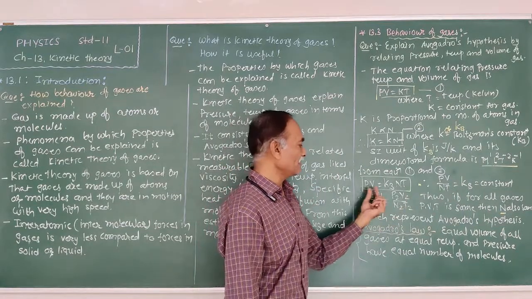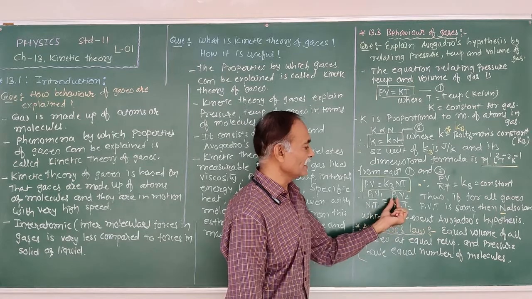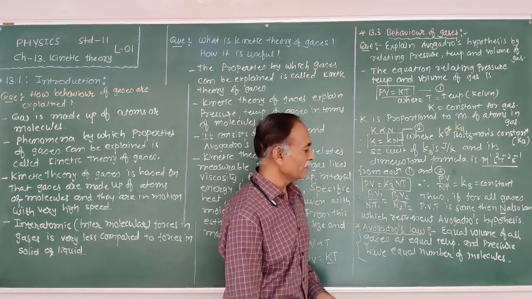Therefore, P1 V1 upon N1 T1 is equal to P2 V2 upon N2 T2.